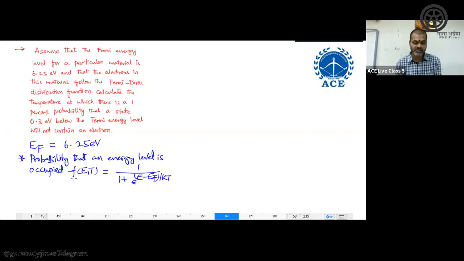Why am I writing F of E comma T? It is a function of energy where we also consider temperature. That is the reason.